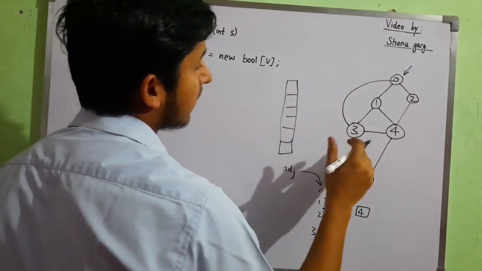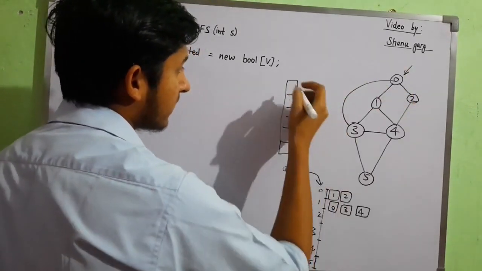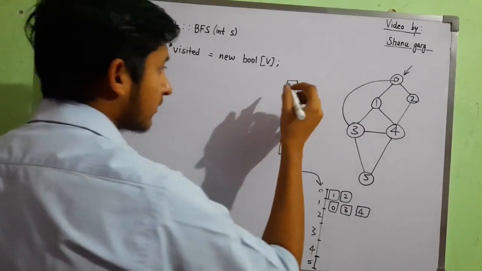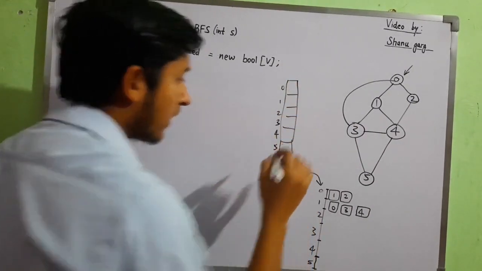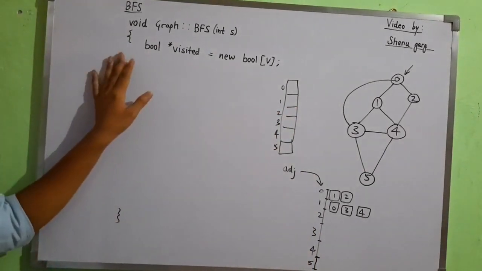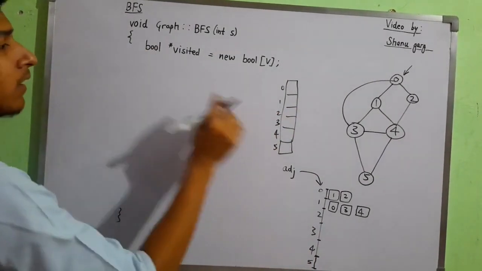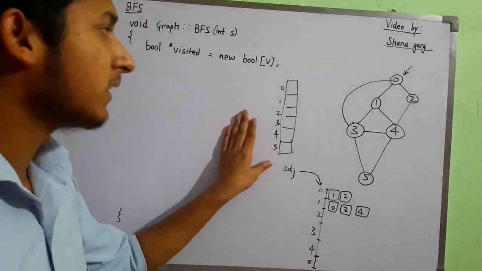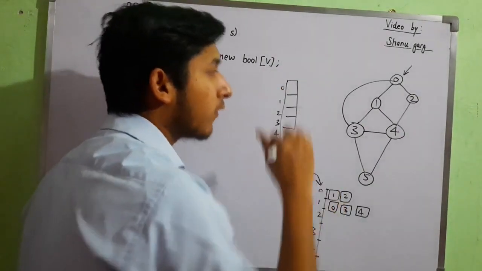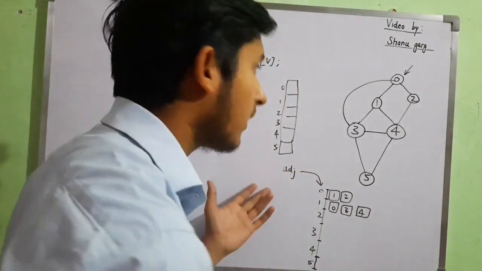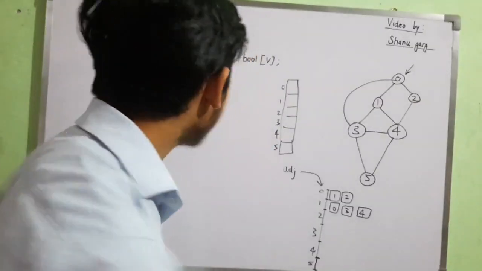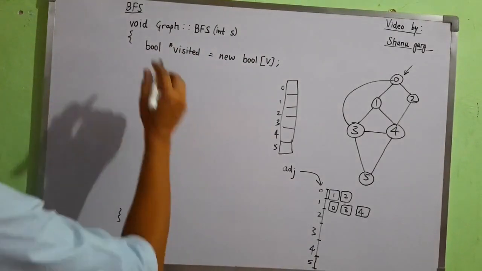So in this graph we have 6 elements, so the size of this array is 6: 0, 1, 2, 3, 4, 5. Now for this we will store true or false. True means we have visited that node, and false means we have yet to visit that node. So there is an array.